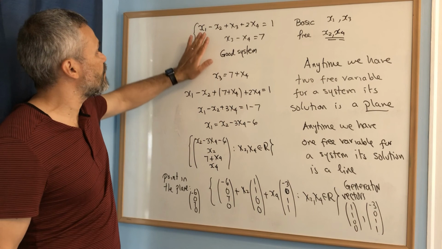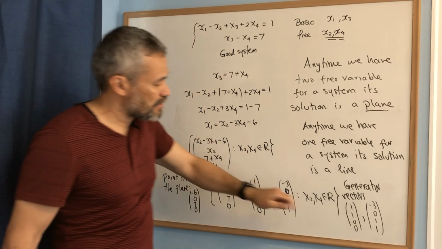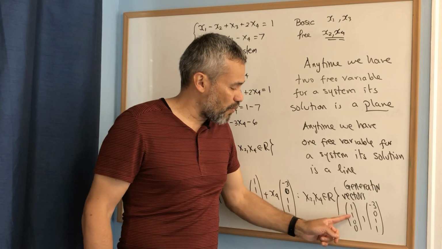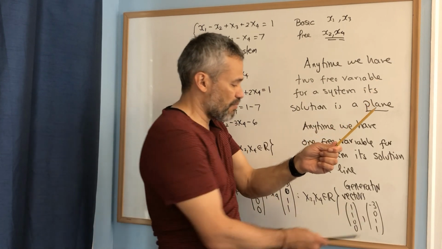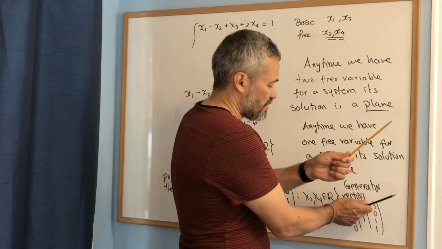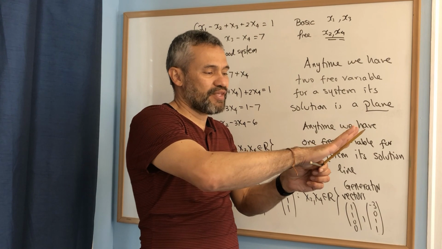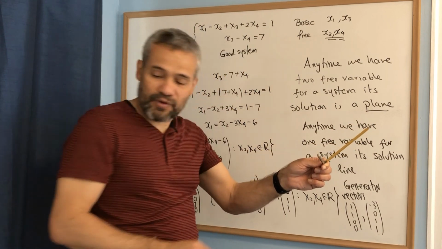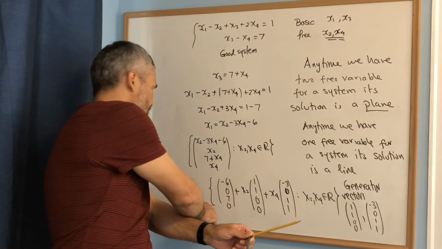That means that the way to visualize the solution set of this system in R4 is we think about these two vectors, (1, 1, 0, 0), say that this is a vector in R4, and we think about the vector (-3, 0, 1, 1). And we think about the plane that rests on these two vectors. And we also think about the point (-6, 0, 7, 0).